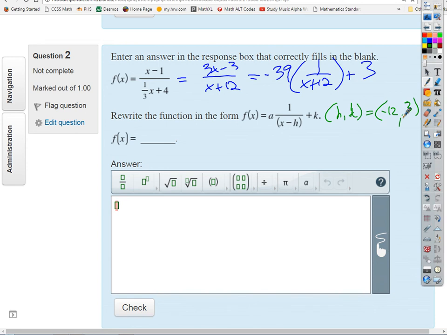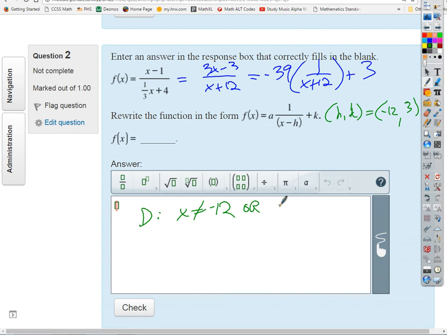They want you to write it in set notation. You could say x is not equal to negative 12. That's fine for the domain.